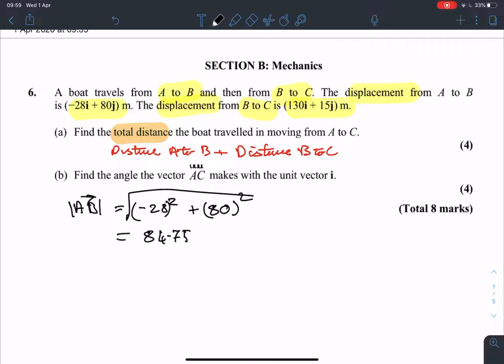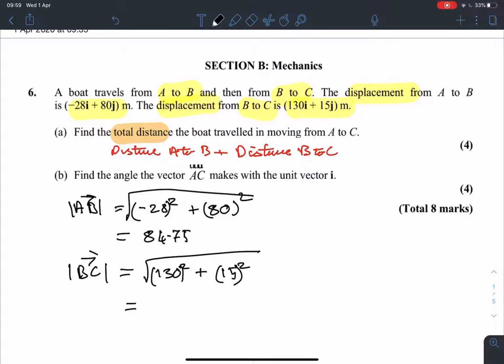We also need the distance from B to C. The modulus sign is showing it's the magnitude, and that's going to be the square root of 130 squared plus 15 squared.